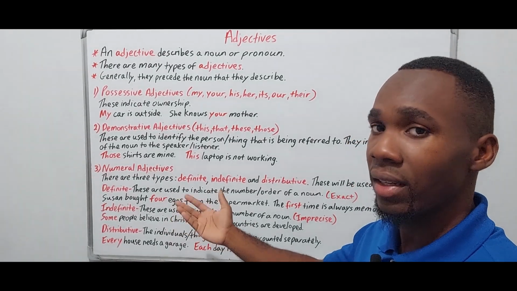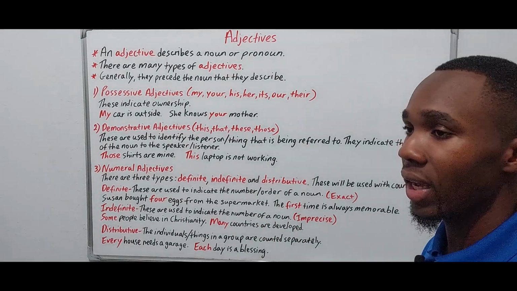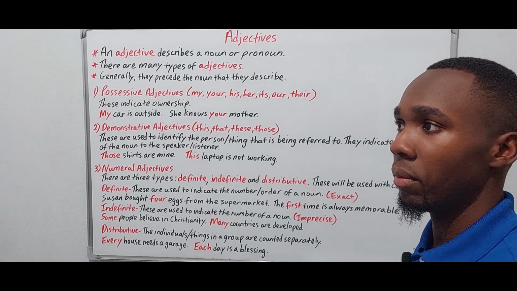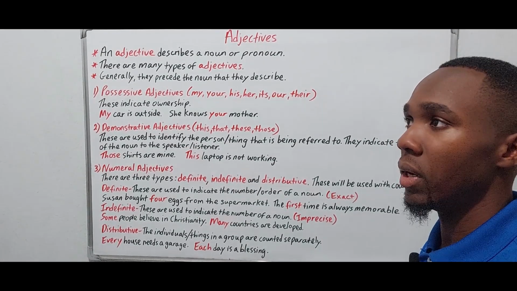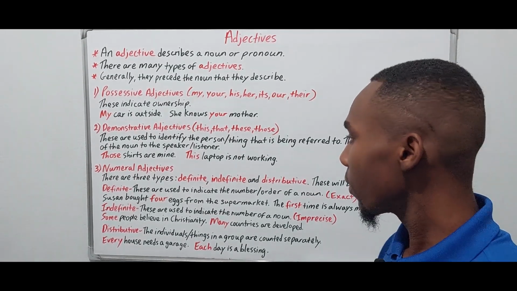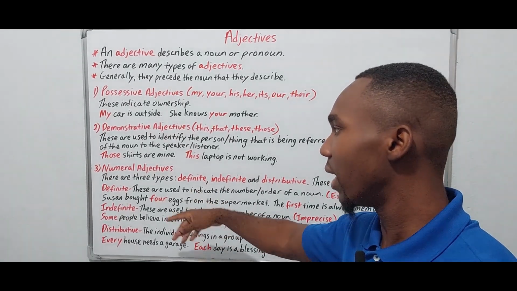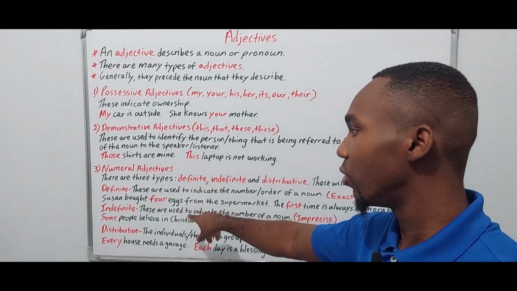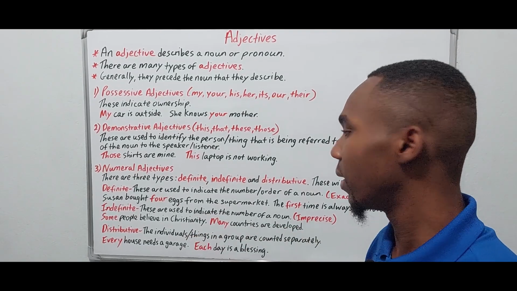This is why it's called indefinite. Many countries are developed. Once again, many gives us an idea of the number, but it does not tell us the exact number, right? So the only difference between these two is that this is exact, and this would not be exact. It is imprecise, right? Or vague.